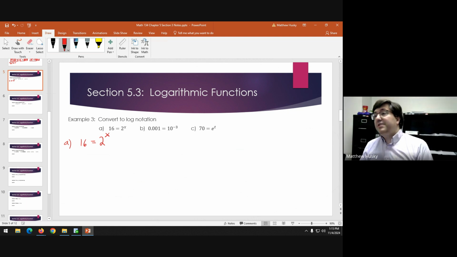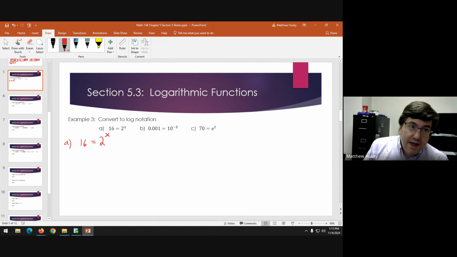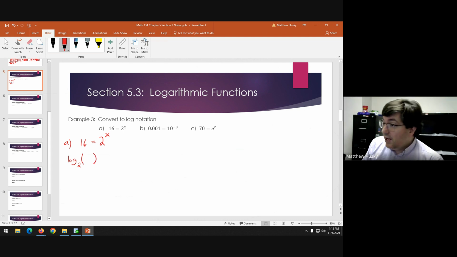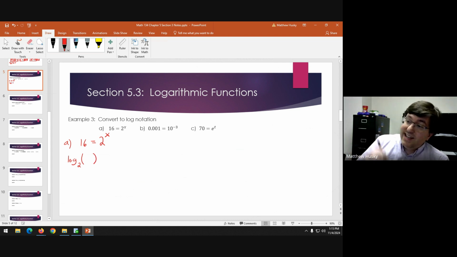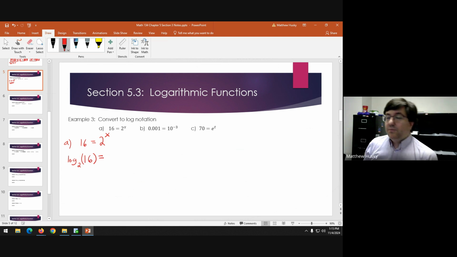Now, the thing to notice is that the base of the power is a 2. So if we wrote it as a logarithm, that would mean we would need the log of base 2. What you put inside the logarithm, inside the parentheses, is the result. So this would be log base 2 of 16.